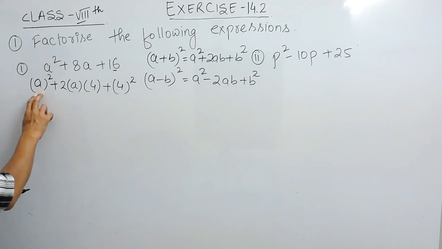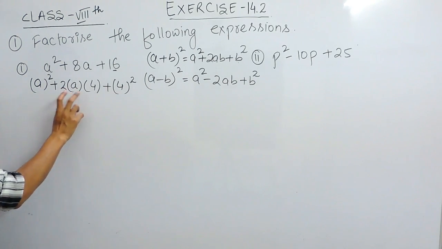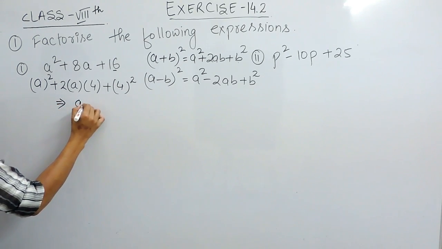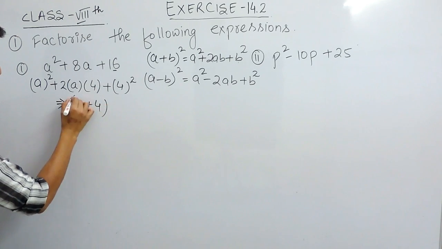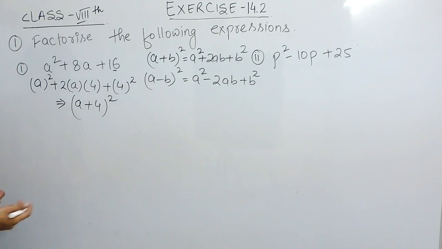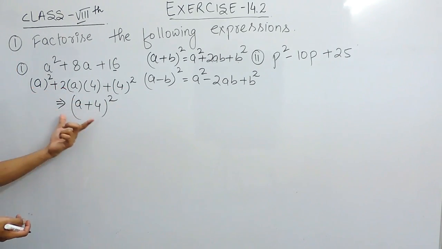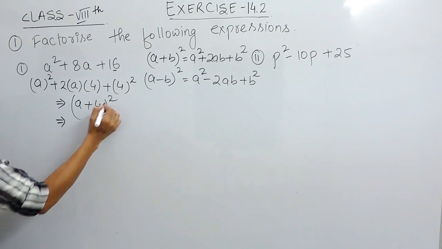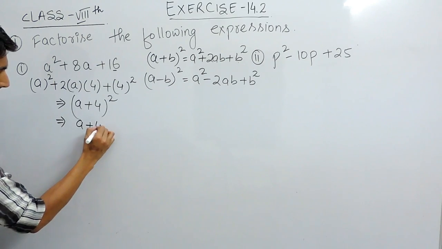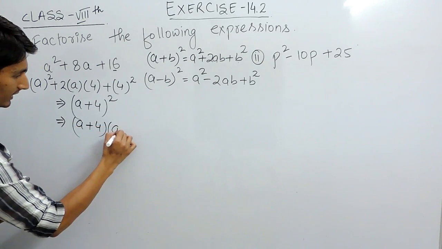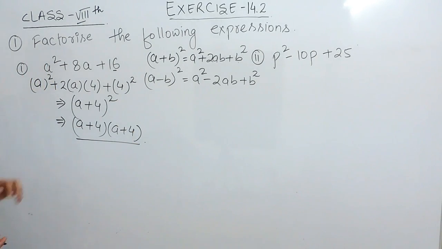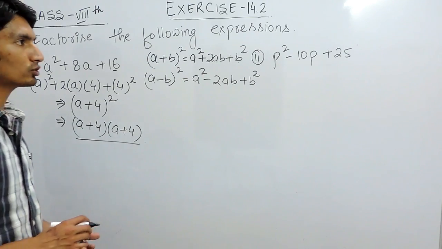Now this is a square plus b square plus 2ab, and if this is equal to a plus b whole square, obviously instead of this we can write this, and this whole square is nothing but a plus 4 multiplied with a plus 4. So these are the factors for this expression, and this is how we can solve.